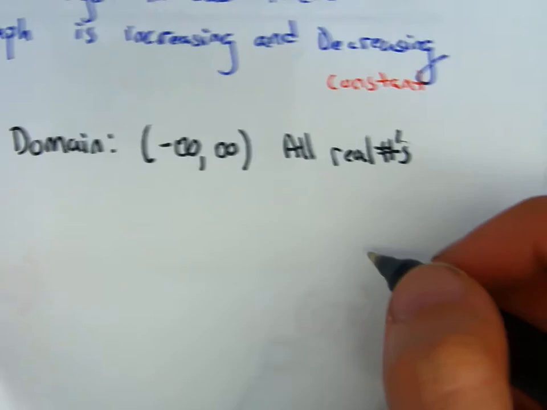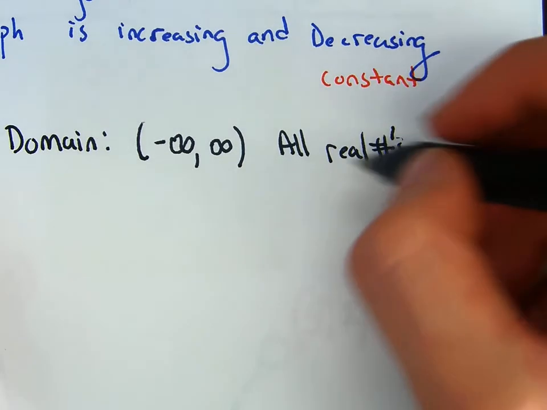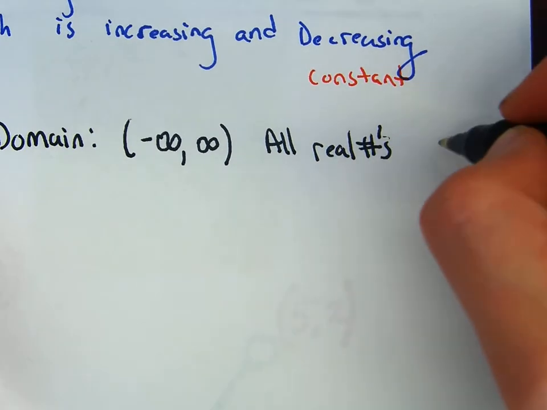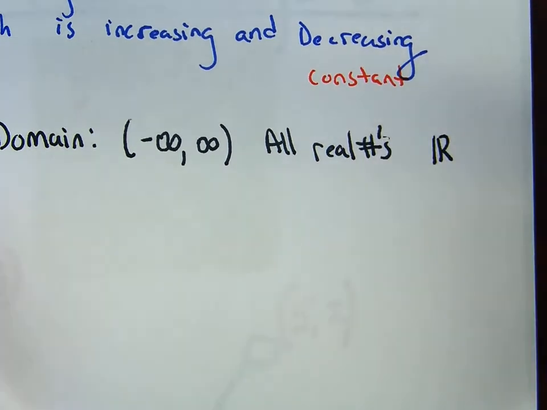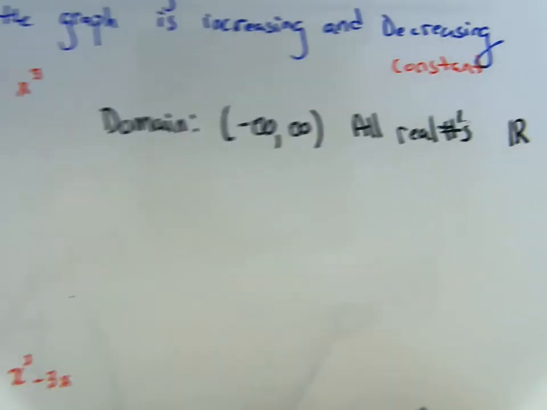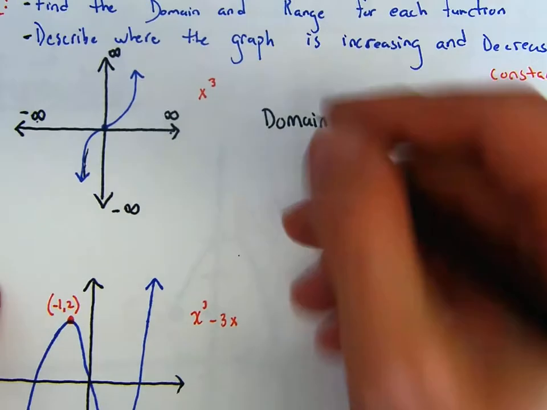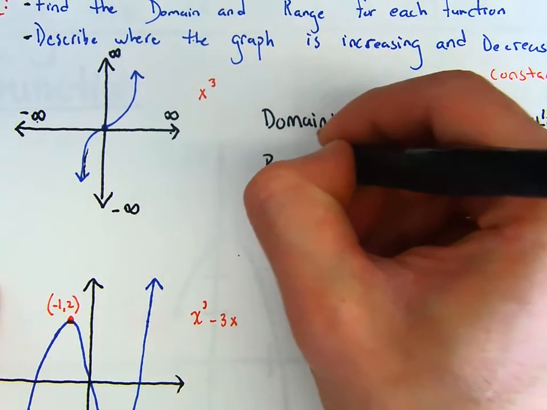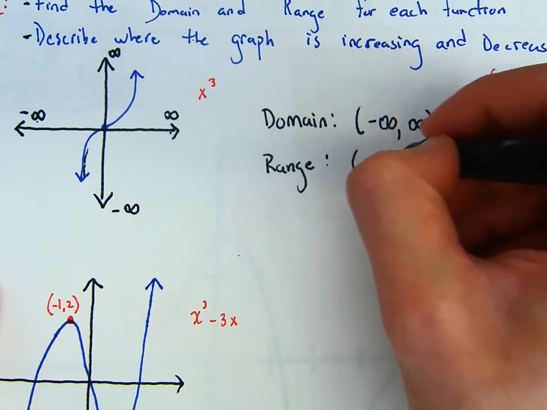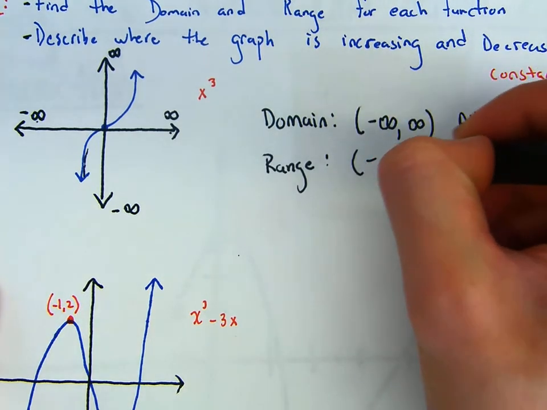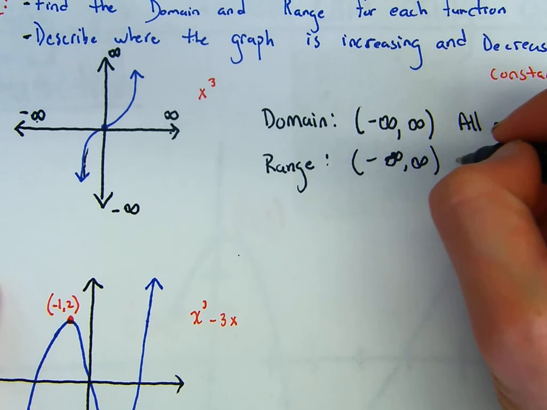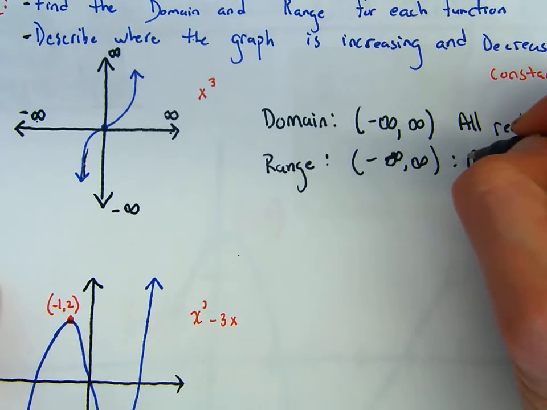And how should I show all real numbers? What would be the set notation? This is my set for the domain of this graph. What would be the range for this graph? Same idea. From negative infinity to positive infinity, and basically the range is all real numbers as well.